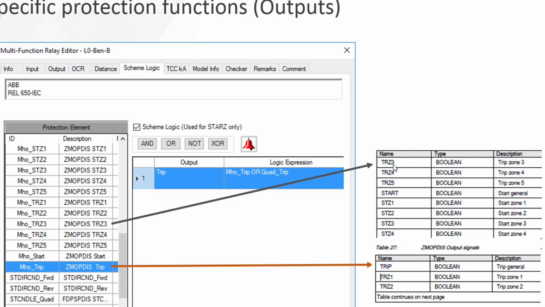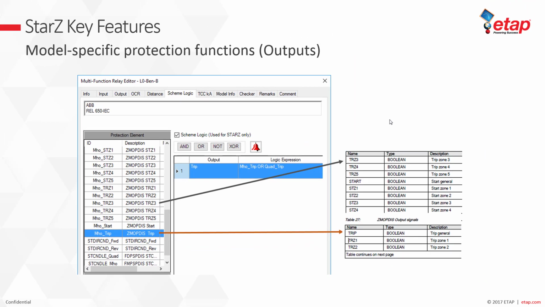So you have trip Z3, and you see the same trip Z3, and starting trip zone 1, you see the starting trip zone 1. So again, same protection element outputs in ETAP as the ones that you see in the relay manual or the relay setting software.